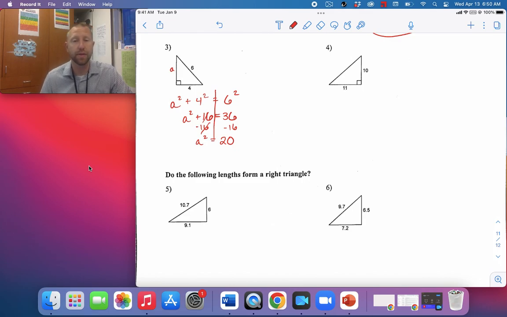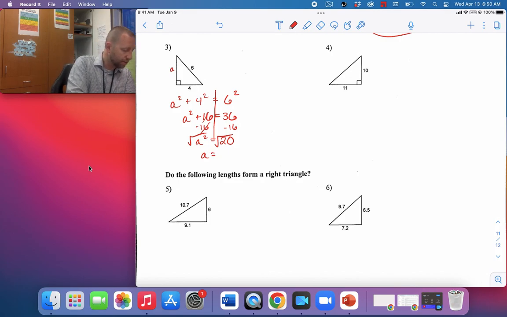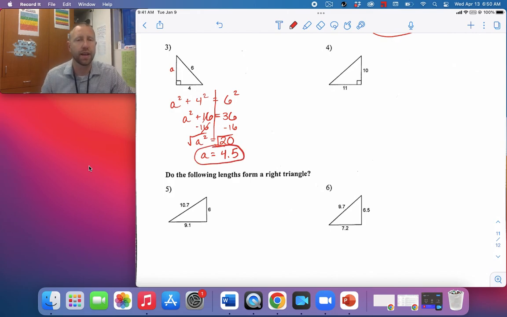And then to undo that square, take the square root. When I take the square root of both sides, I get the square root of 20. I round to the nearest tenth. It's going to be 4.5. It's actually 4.47 when you type it in, but to round to that nearest tenth, it rounds up to 4.5.